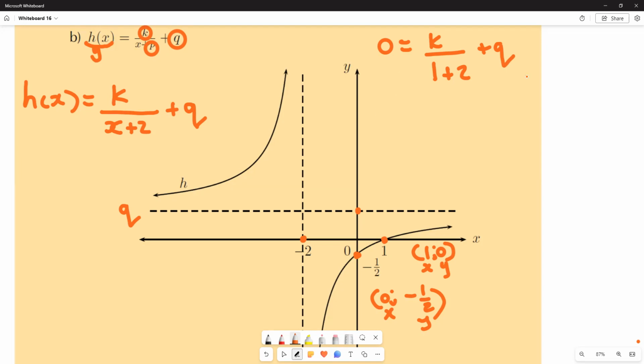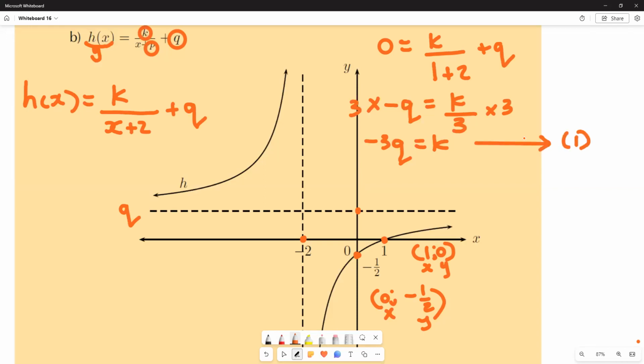Let me move the Q that side. So I have -Q equals K over (2 plus 1), which is 3. Then I'm going to multiply both sides by 3 so that the 3 can cancel. So I'm going to have -3Q equals K. We can call this my first equation. I'll call this equation 1.